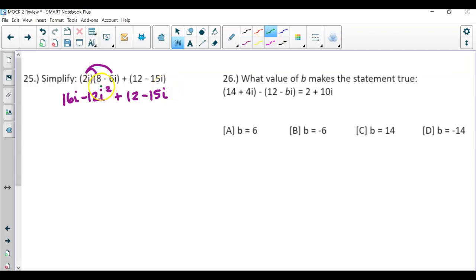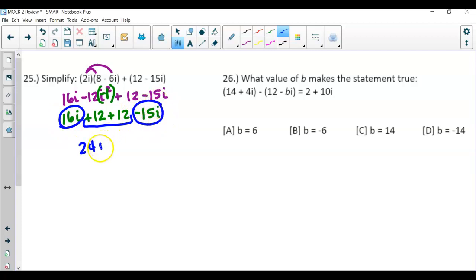I do notice I have i squared, and i squared is always negative 1. Negative times a negative is a positive 12. So 16i plus 12 minus 15i. Now we can combine. 12 plus 12, 24. 16i minus 15i is just 1i or i.